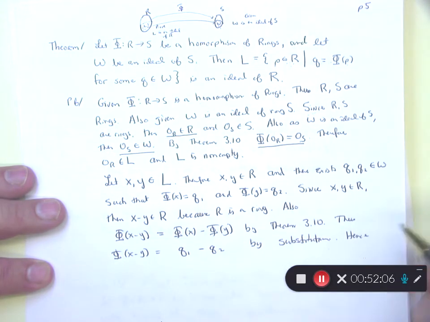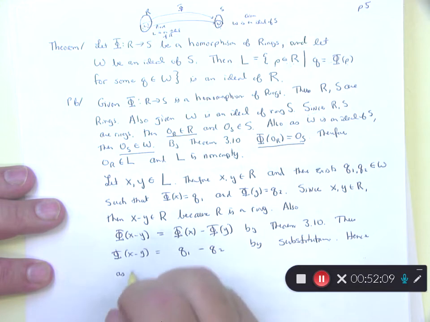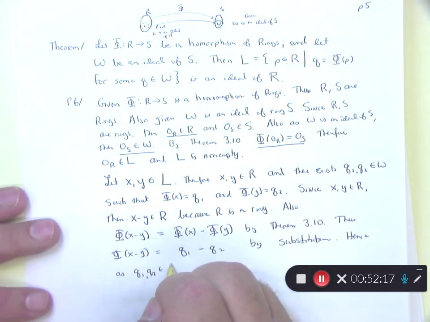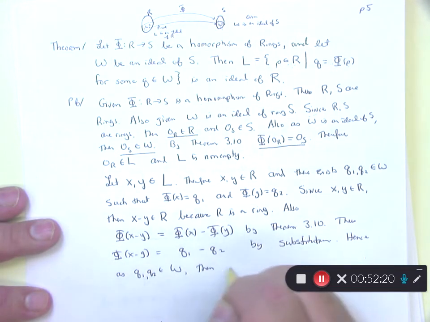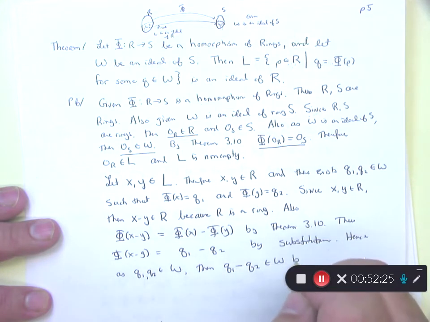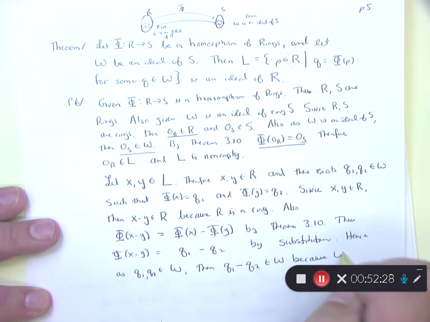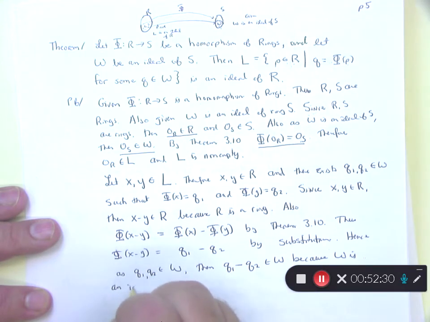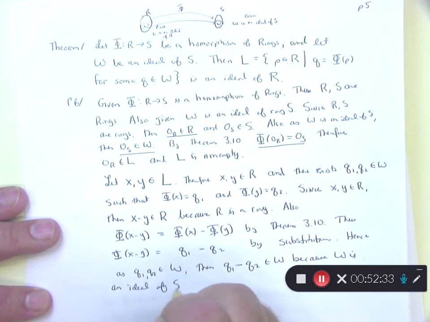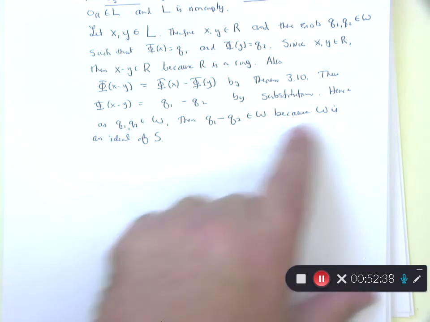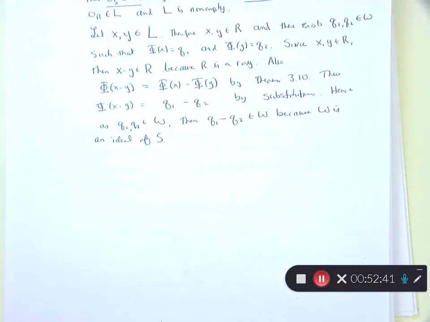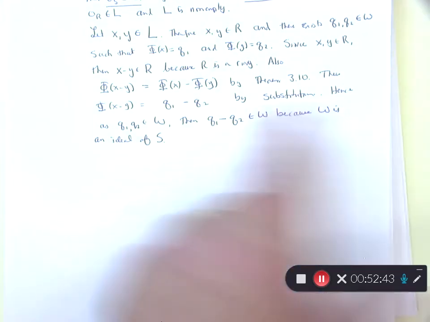Hence, as q1 and q2 are elements of W, then q1 minus q2 is an element of W because W is an ideal of ring S. We're focusing on being inside of W, which is an ideal of S. W is a subring with extra properties, so it also has closure.